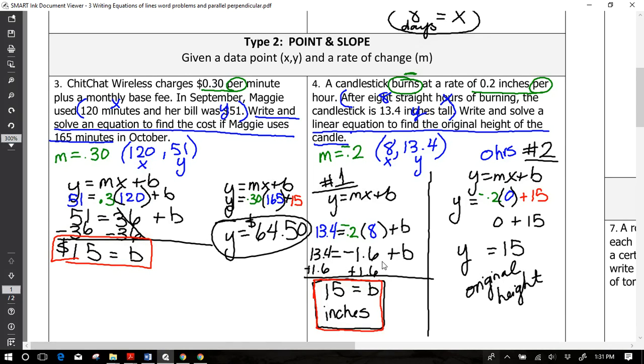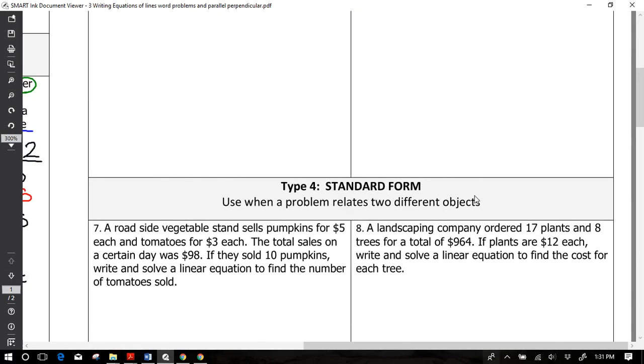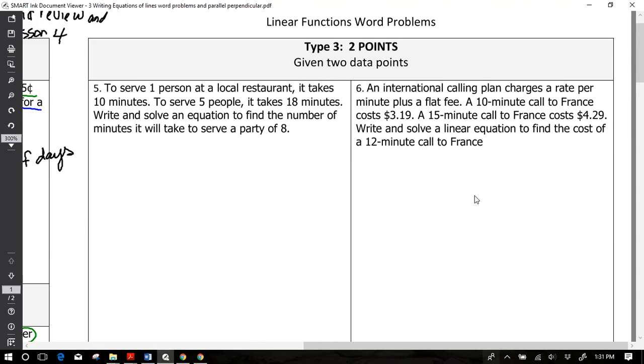All right, we are ready to move on over to type 3, and that is how do we write the equation of the line when they give us 2 data points. So 2 data points. Alrighty. So number 5 says to serve 1 person at a local restaurant takes 10 minutes.